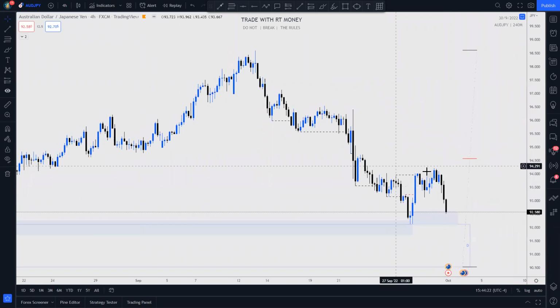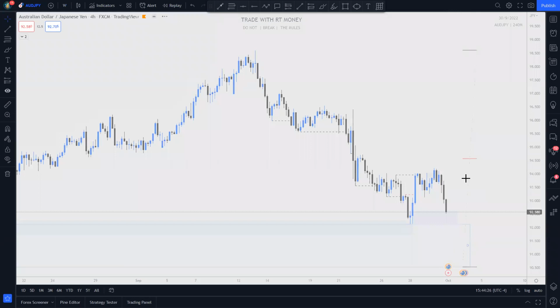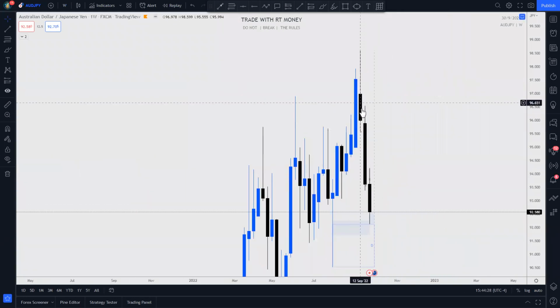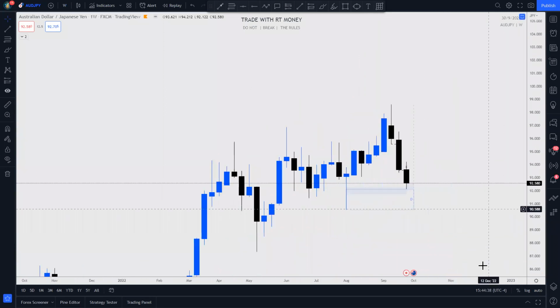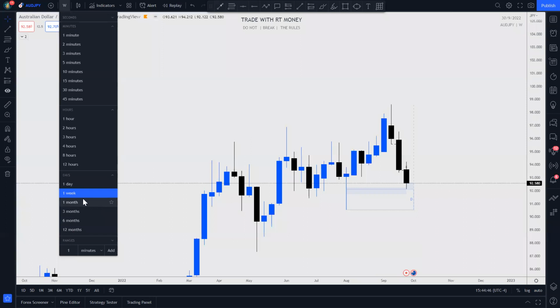Let's look at the weekly. You'll see the Aussie dollar has been outperformed by the yen. The yen has been inherently weak because of the Bank of Japan's monetary policy to devalue the yen, but they stepped in last week.